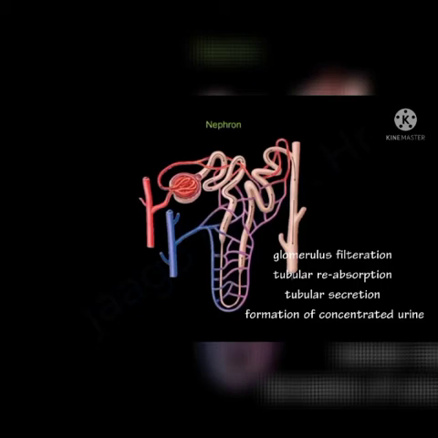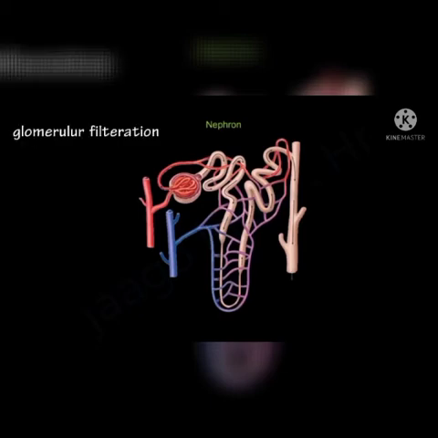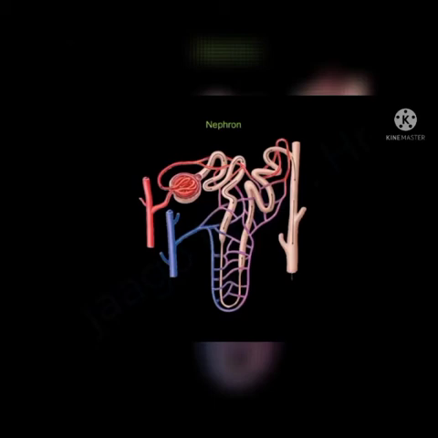of concentrated urine. First of all, we will learn about glomerular filtration. The blood which flows into the glomerulus is filtered under high pressure. As we have learnt earlier that the efferent arteriole exerts pressure in the glomerulus because of its narrower outlet.